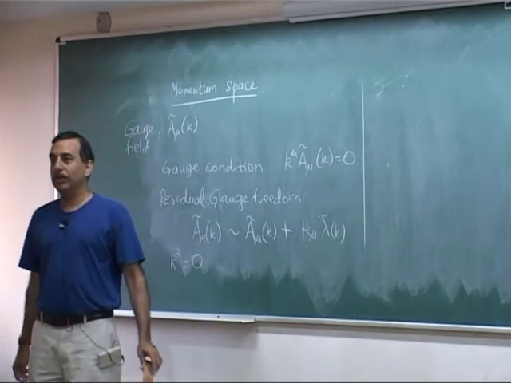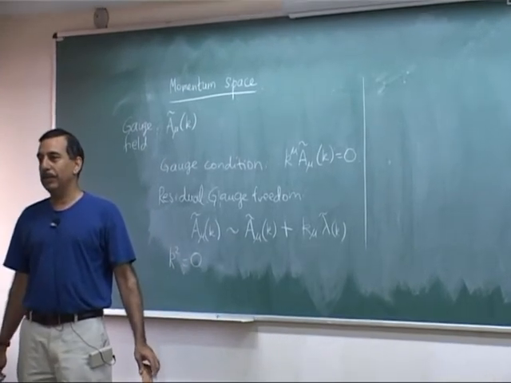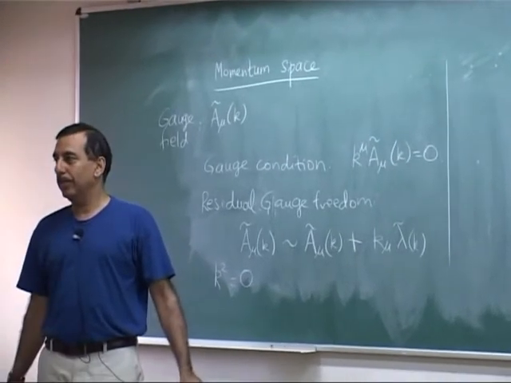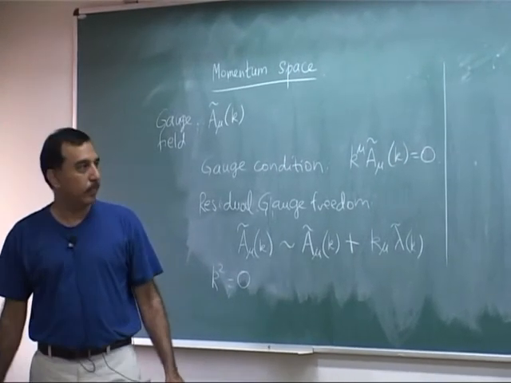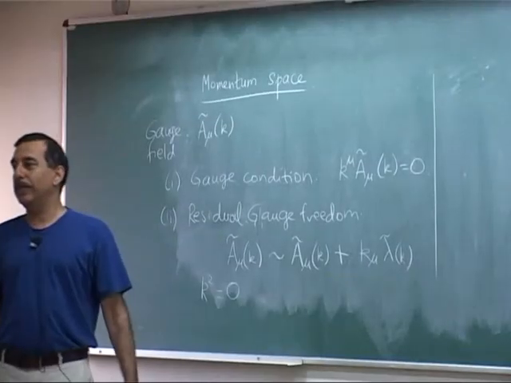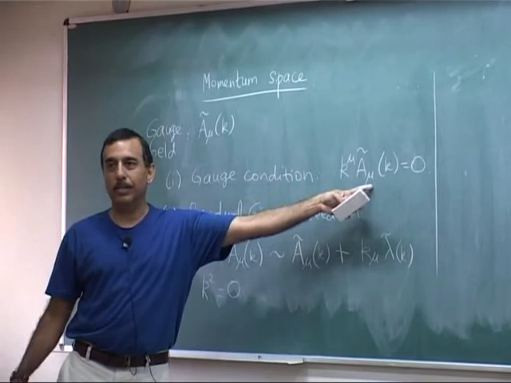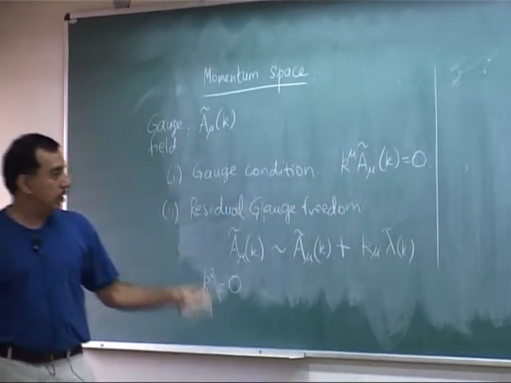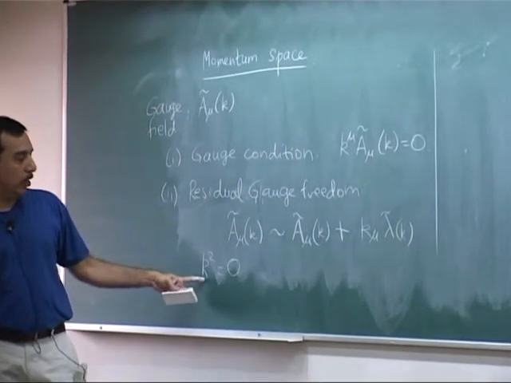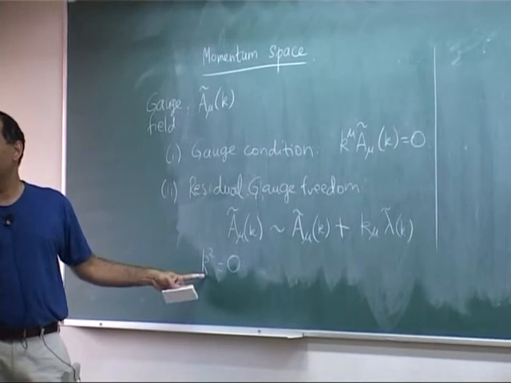That is, we should only have those lambdas where k mu is 0. Okay, good. From an ordinary free theory without gauge invariance, one is that the gauge condition gives me a constraint. The second is that there is a residual gauge freedom as long as k squared is 0.